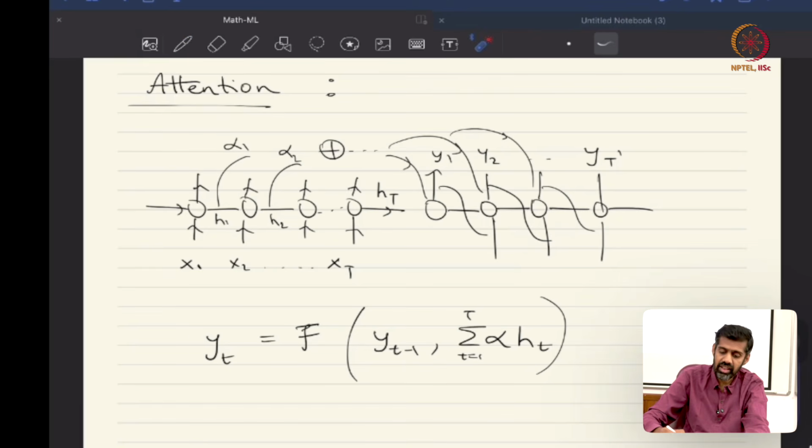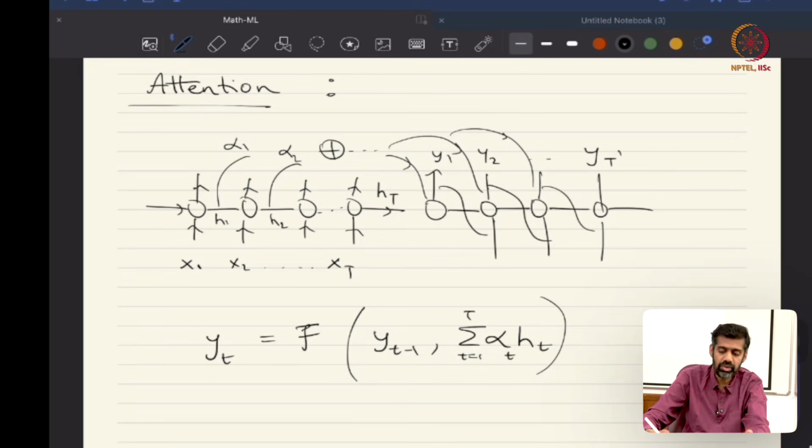You tap the hidden representations from each of the time steps in the input side, scale them with alpha 1 to alpha t, and all these alphas are learnable. And then the output at every time step is a function of the previous output, of course, that we have done by architecture, and also the linear combination of all the hidden states corresponding to the input side.